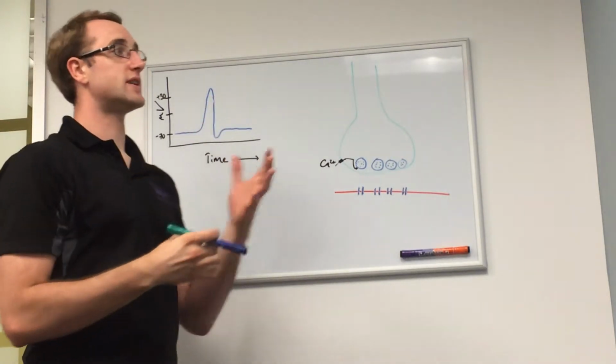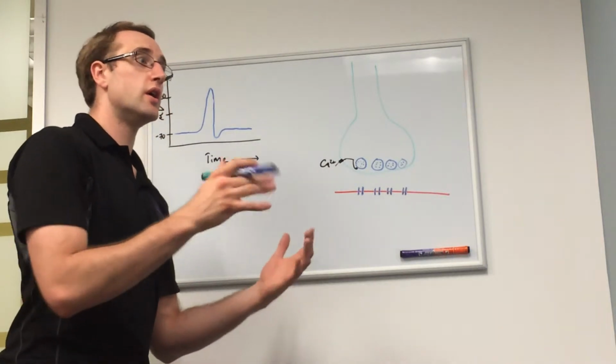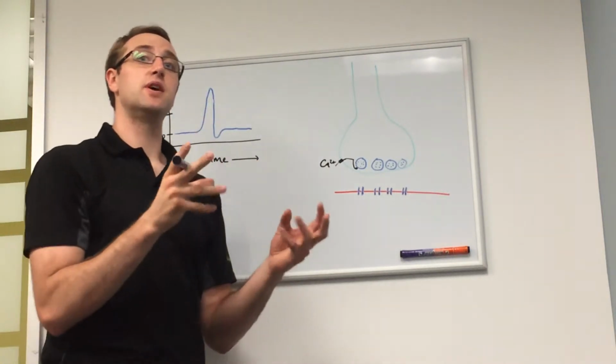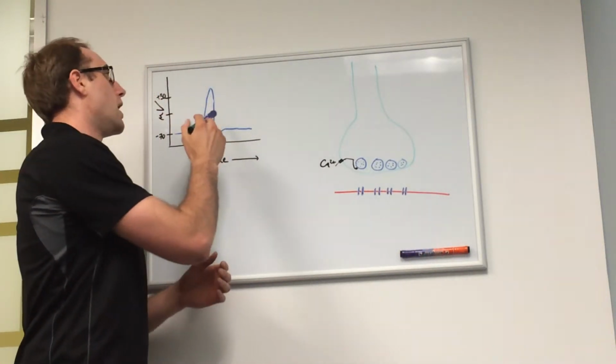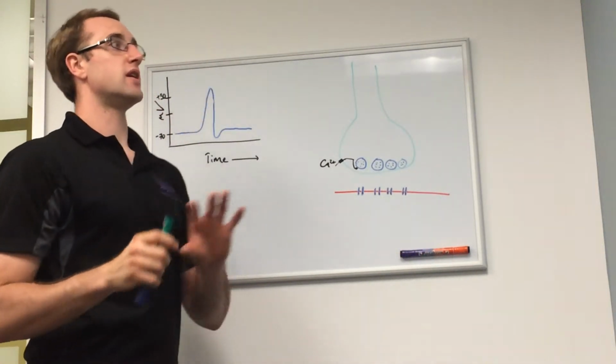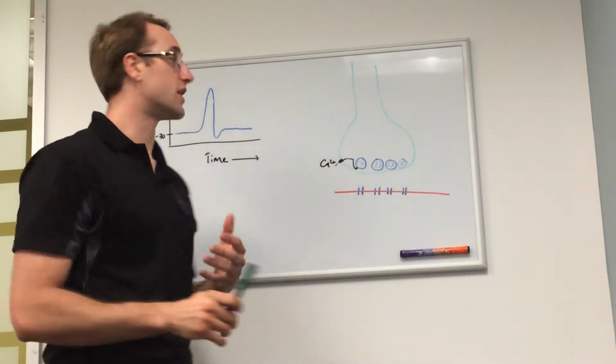The voltage gated potassium channels all open at the same time, but it takes the potassium channels longer to open, which means the efflux of potassium will come after the massive influx of sodium.